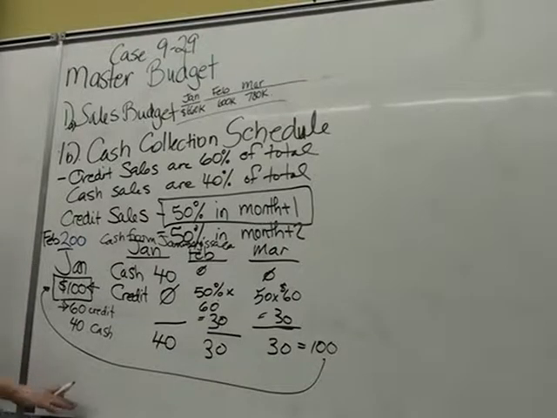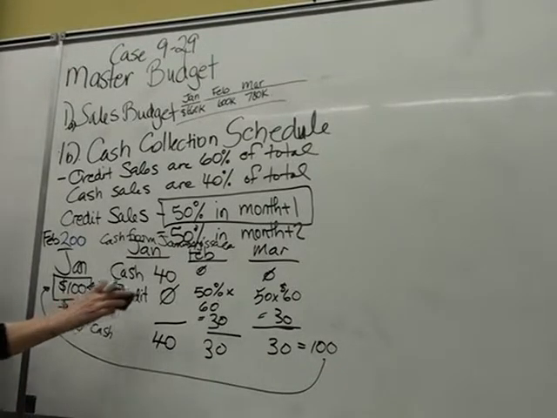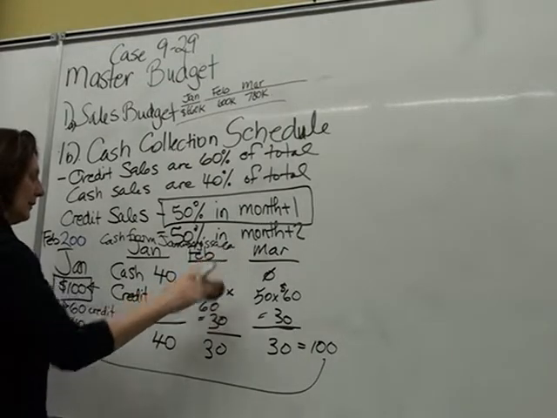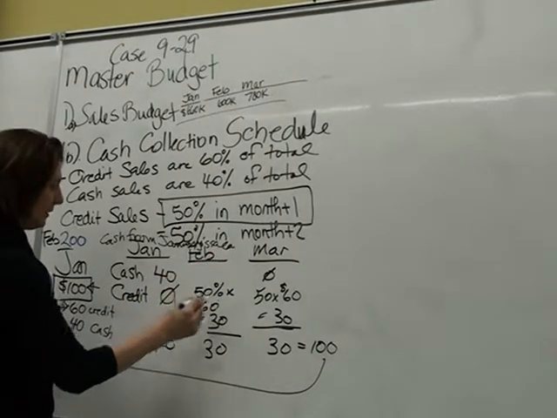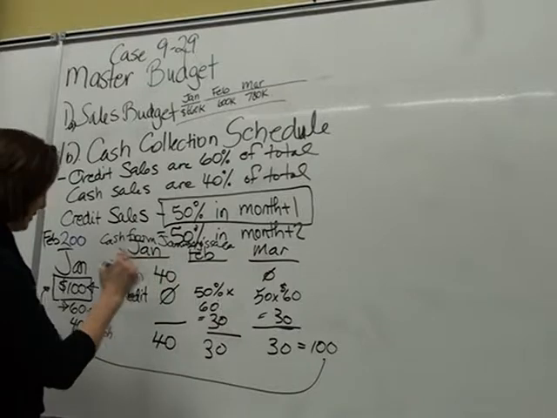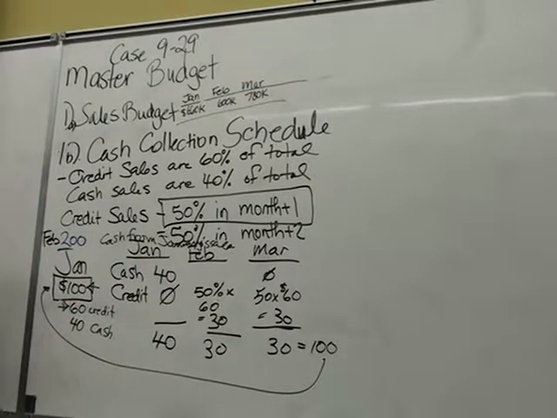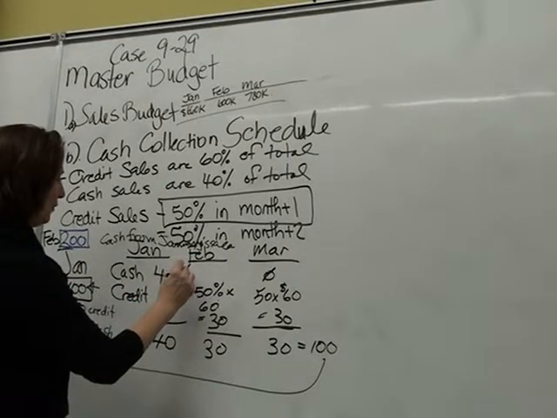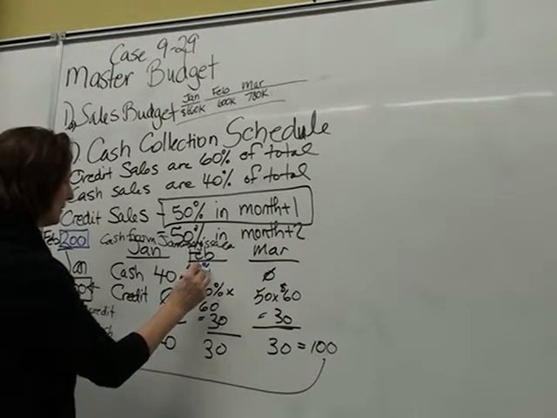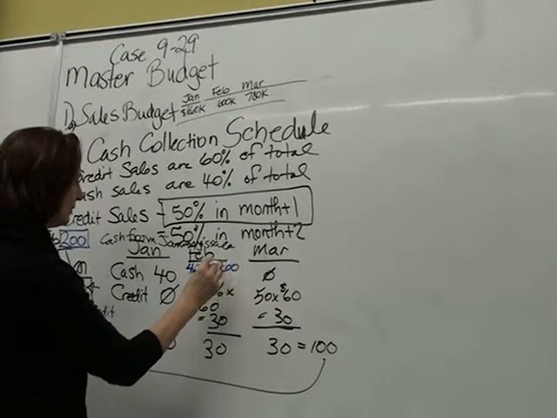So we're going to continue our cash collection. In February, we're going to collect some more cash. In February, 40% of the sales are cash. So how much cash are we collecting in February? $80. So 40% times 200.